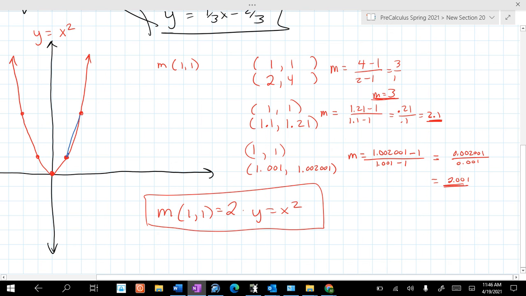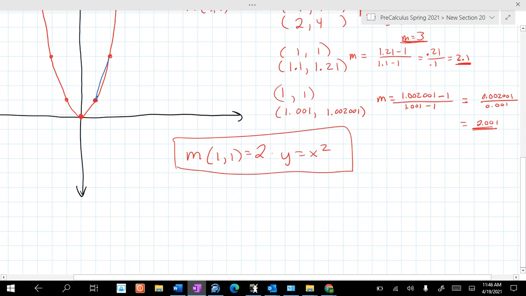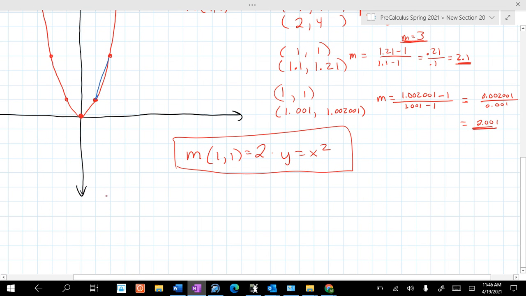Should we find the slope at the point 0,0? Yes, let's. All right. I want to find the slope at the point 0,0. So I'm going to use 1,1 and 0,0 as my first points. So if I go 1 minus 0 over 1 minus 0, I get 1 over 1, which is 1.